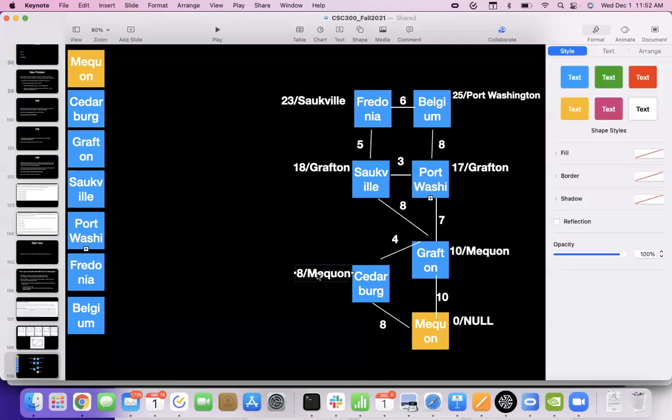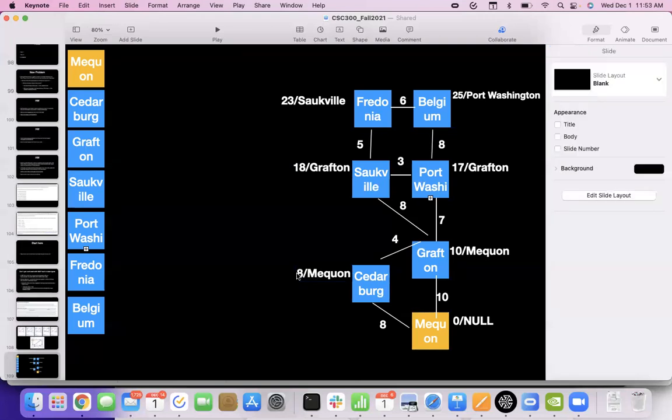I would need this pair for every single city that can possibly get here, in order to have each one of these nodes be able to operate off of all possible destinations. Because this information tells me the smallest distance to get to my known starting location, which is Mequon. That's 8. Smallest distance to get to my known starting location, Mequon, which is 18. Smallest distance to get to my known starting location, which is Mequon, 23.